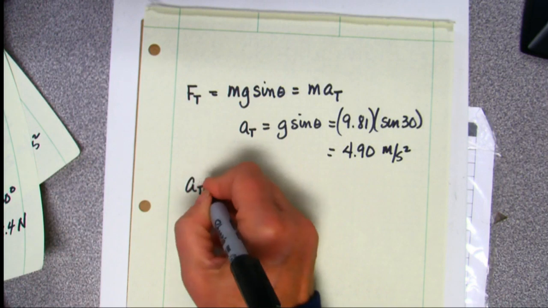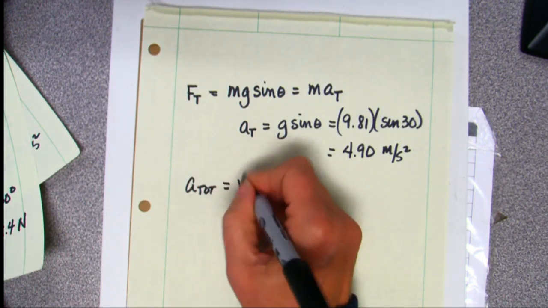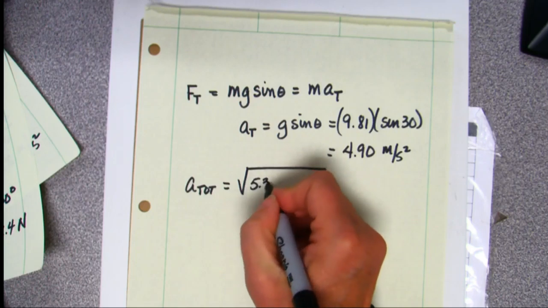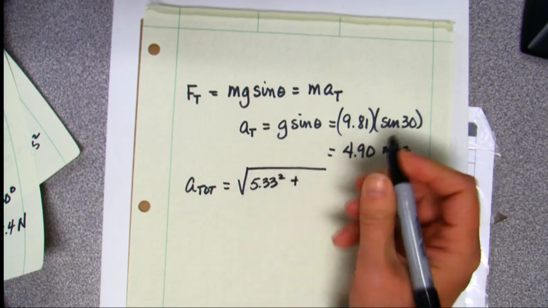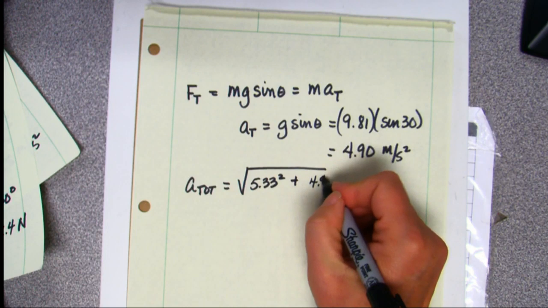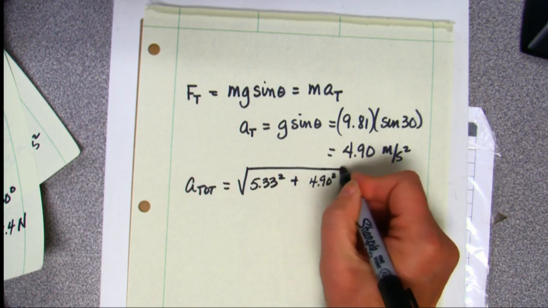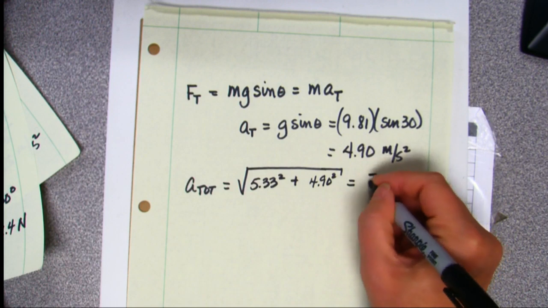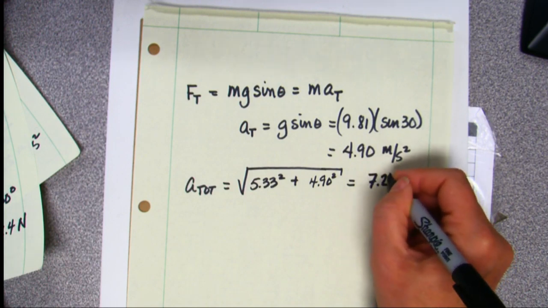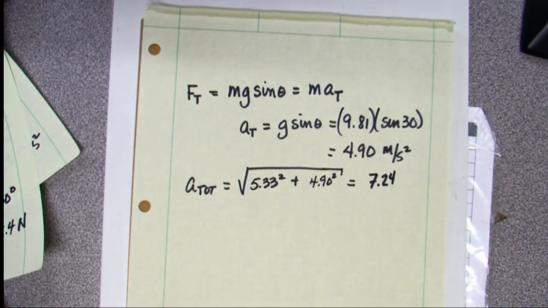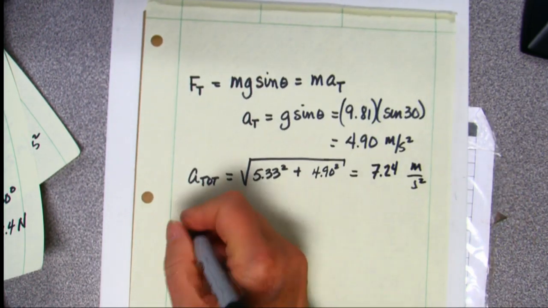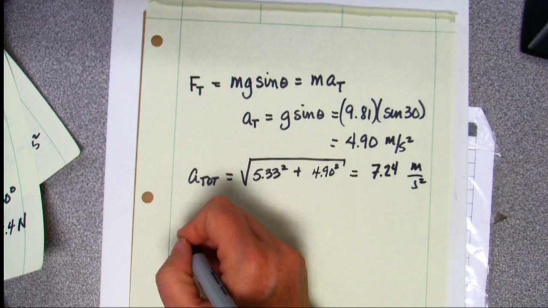My total acceleration is just going to be the square root of 5.33 squared plus 4.90 squared. And if I do that calculation, I get 7.24, and that's meters per second squared. And I'm going to do the same thing that I've done before.